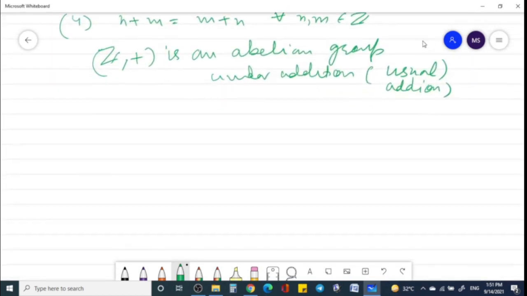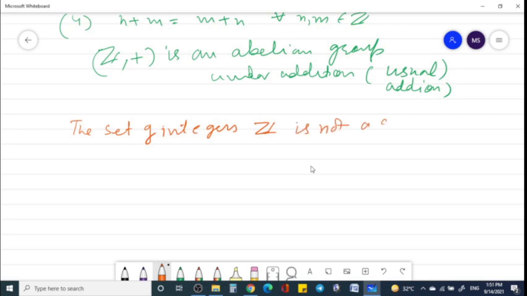Next we will see that the set of integers is not a group under usual multiplication of numbers.